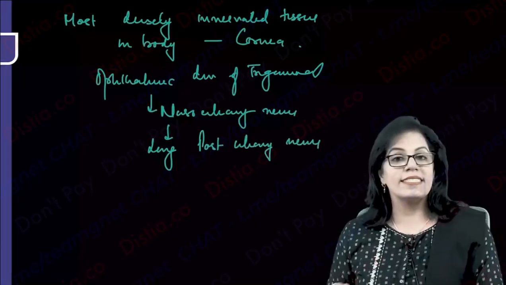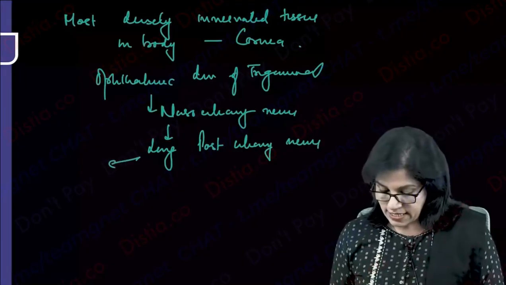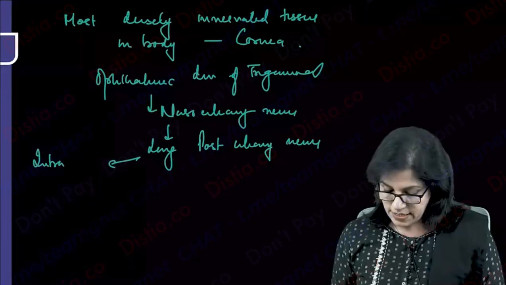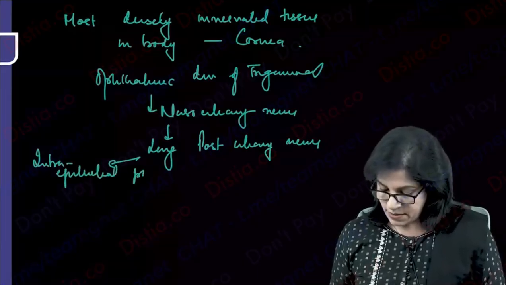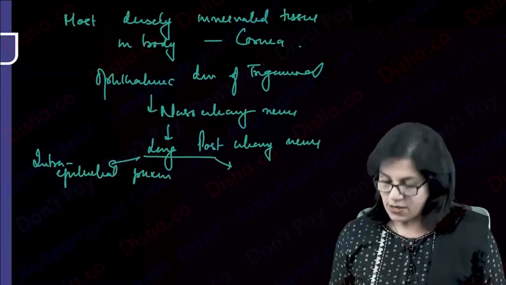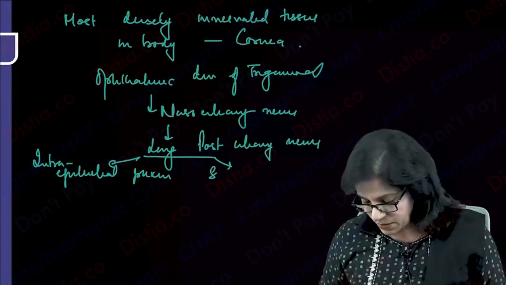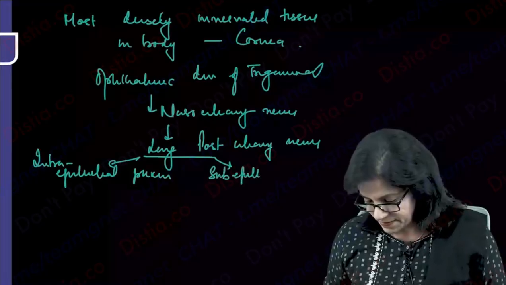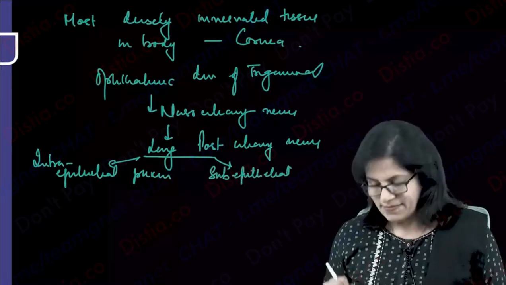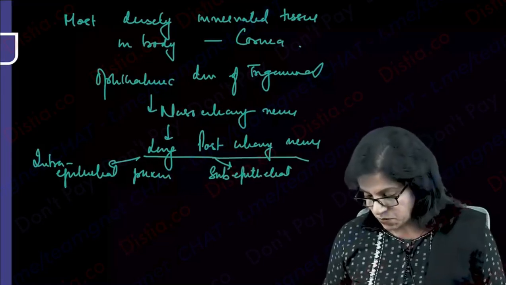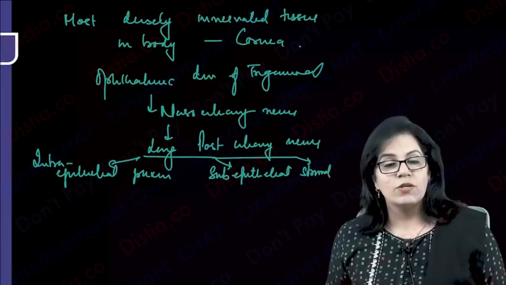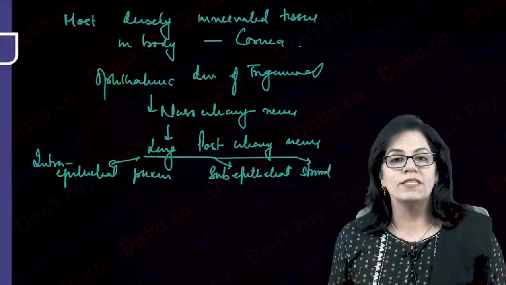It forms plexuses at three levels: the intraepithelial plexus, the subepithelial plexus, just below the epithelium, and the stromal plexus. The plexuses are formed at all three levels, not any one of the three.